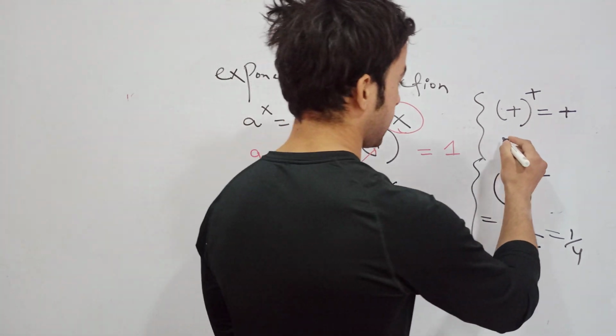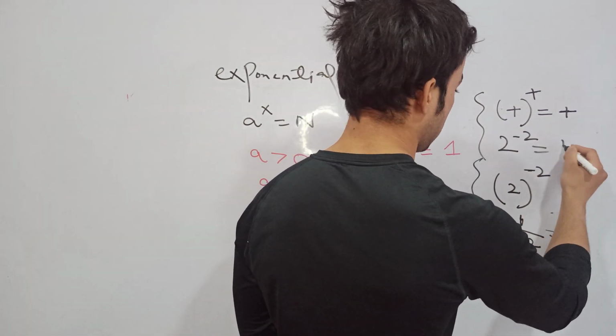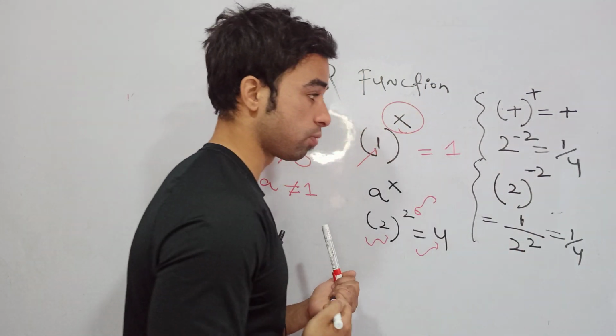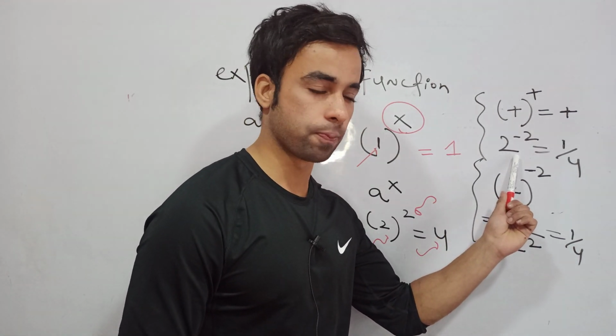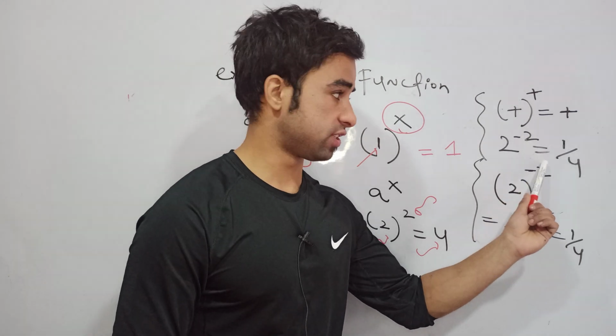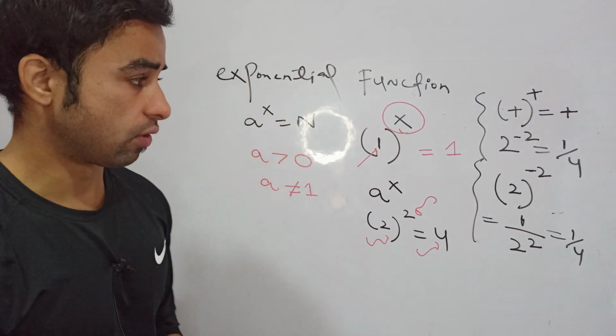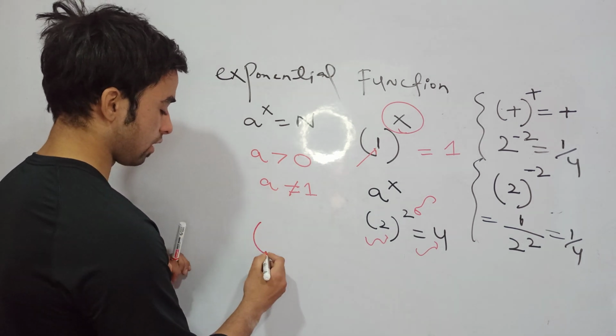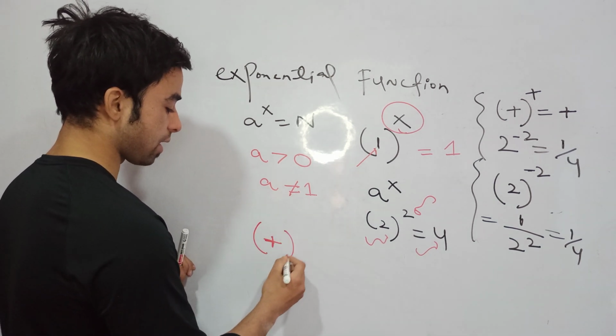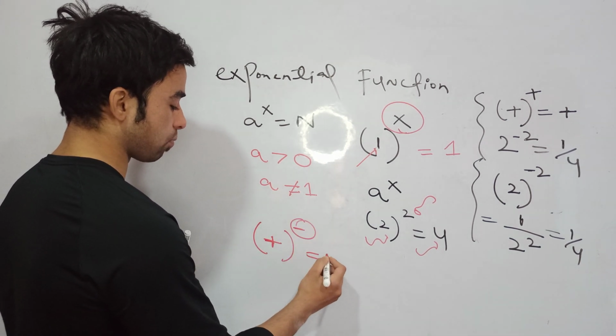Now this 2 to the minus 2 here can be written as 1 by 4, which actually is a positive number. So that simply means if base here is positive, the power is negative, we're simply going to get 1 by 4. Okay, we're simply going to get positive. That means the second conclusion comes out to be here that if the base is positive and the power is negative, we'll still get a positive number.